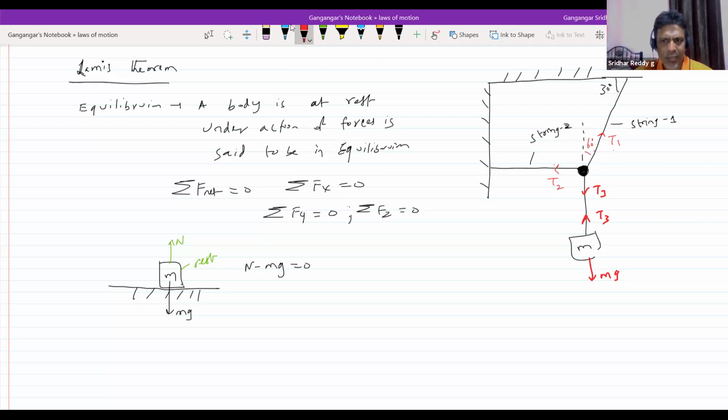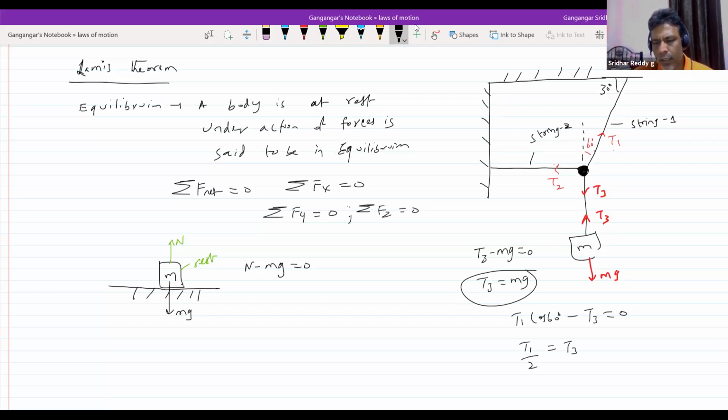So you can take Lami's theorem or equate forces along x, along y. So we'll balance: what is T3 equal to from the diagram? T3 minus mg, so T3 equal to mg. Then T1 cos 60 minus T3 equals 0, or T1 by 2 equal to T3, or T1 equal to 2mg.